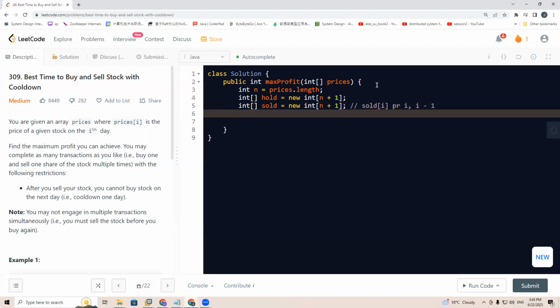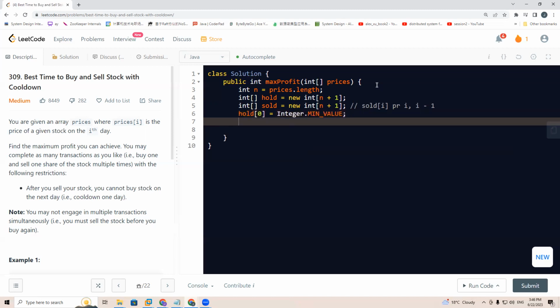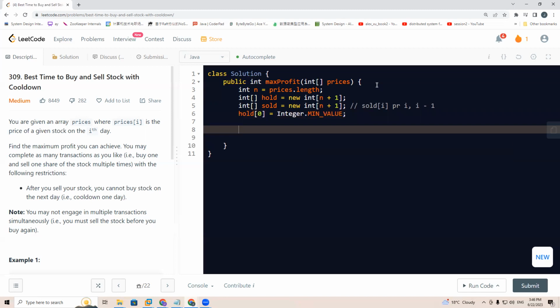So let's talk about the initial value. We know hold[0] we can set as Integer.MIN_VALUE. The thing is that because there is a cooldown, we have to iterate from i equals 2, i smaller than or equal to n, i plus plus.